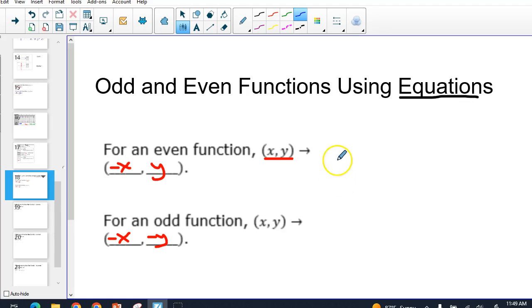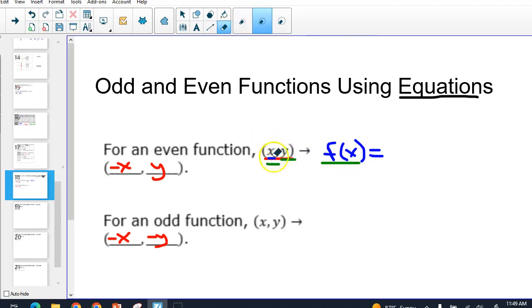And for that, our y value is f of x, with x being our x here. The whole f of x here is our y. Okay.